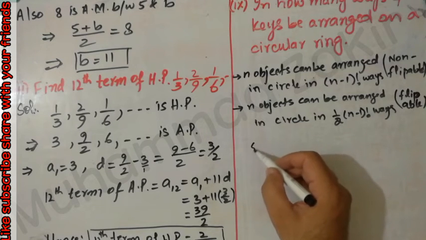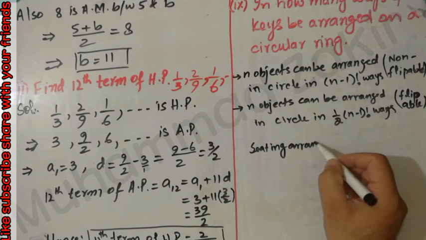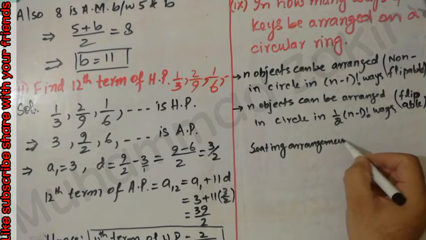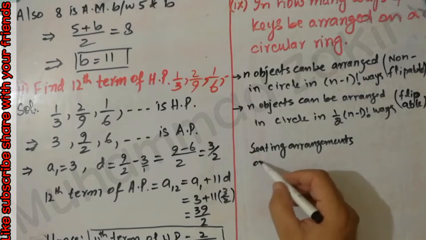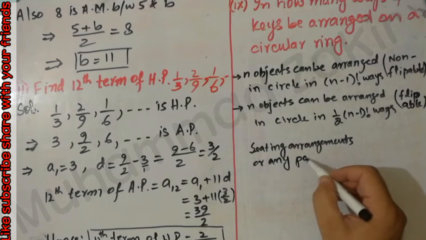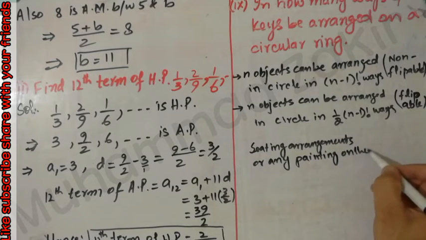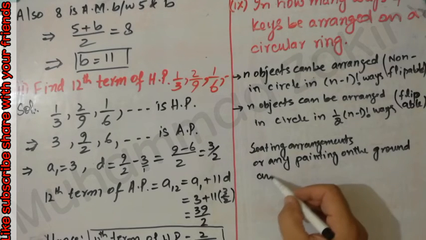Non-flippable are seating arrangements or any painting on the ground.